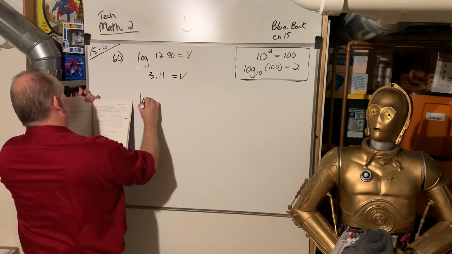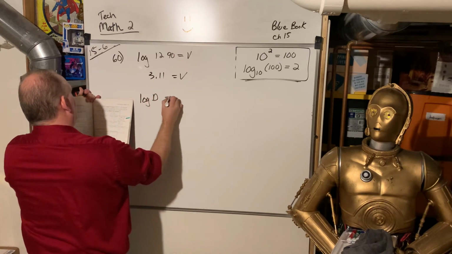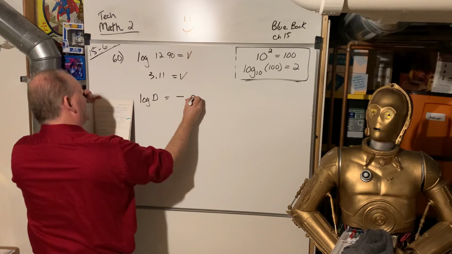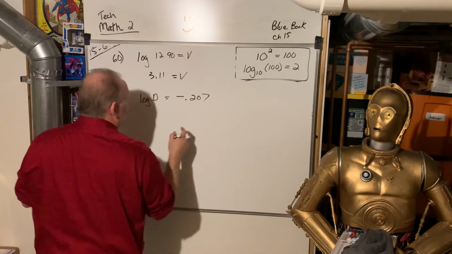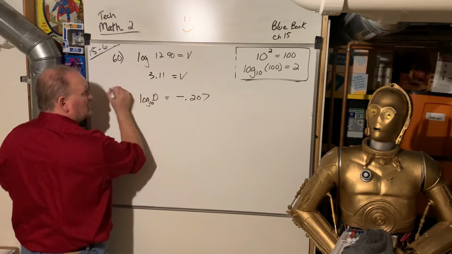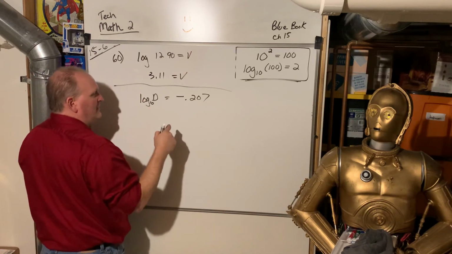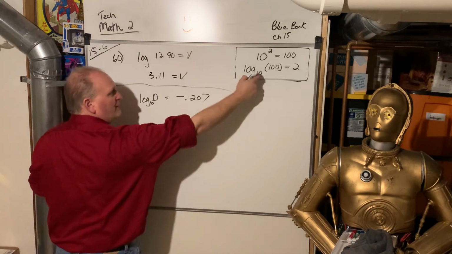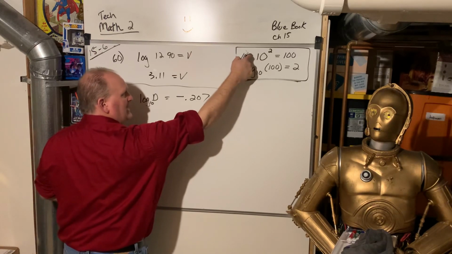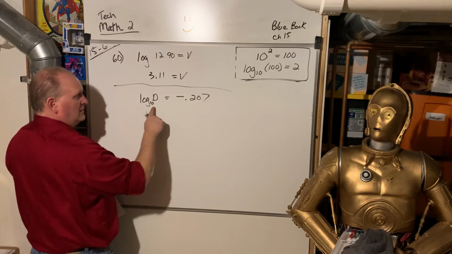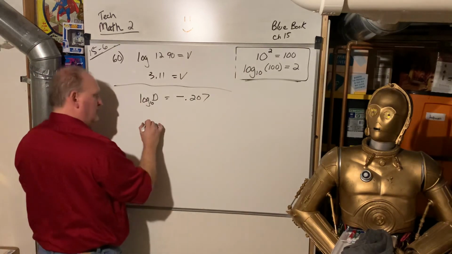And the other one, log base 10 of d is equal to negative 0.207. Here we go. So this one is going to require us to do something. That was just pop it into the calculator. This one, we have to rewrite it. So we're going to go from log back up into exponential. So what was this going to look like? Well, look, the 10 goes there.